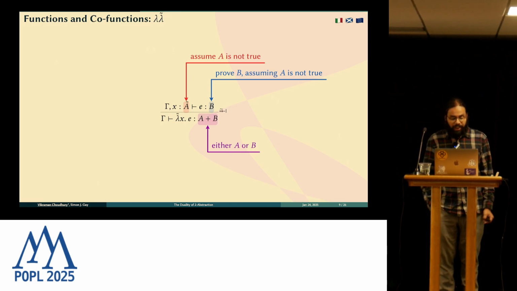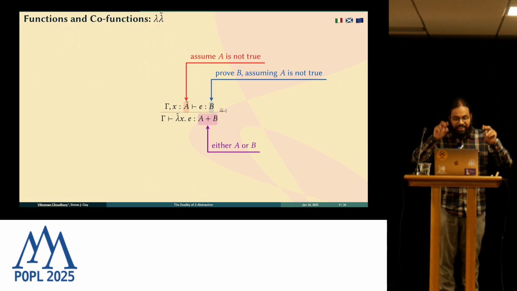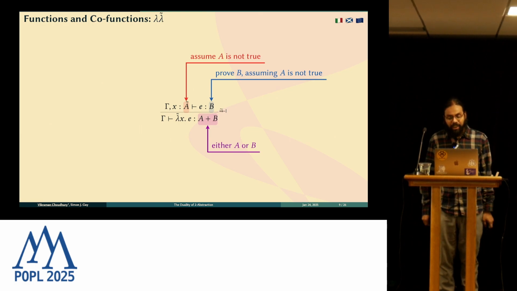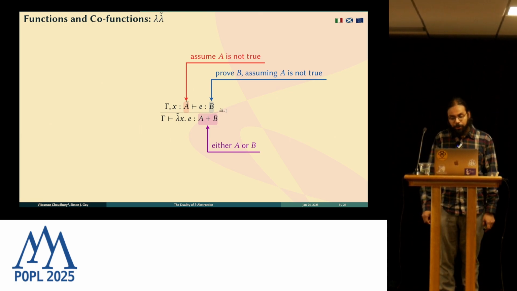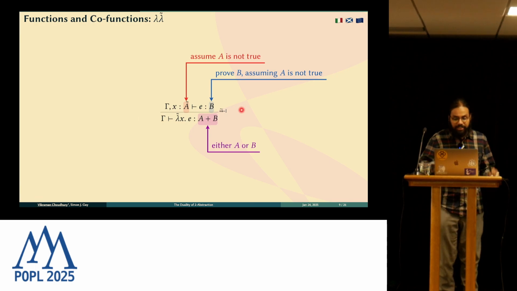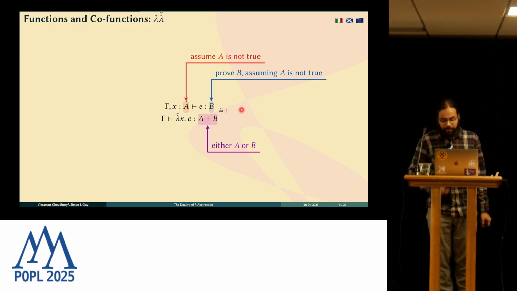This is different from an intuitionistic sum because you don't know whether A is true or B is true, because there is an additional assumption that A must not be true. So when you look at the type of the co-lambda, lambda bar x dot e, it has type A plus B, but this type A plus B behaves like a classical sum.